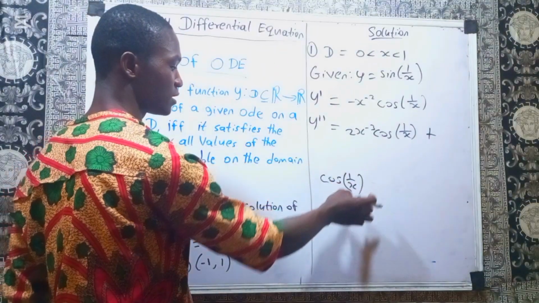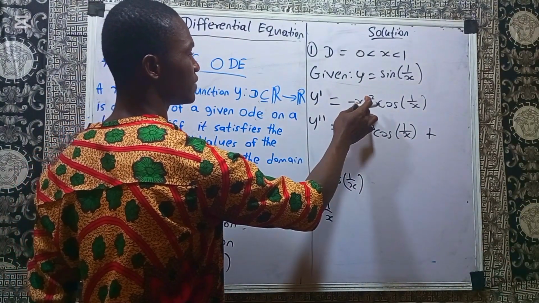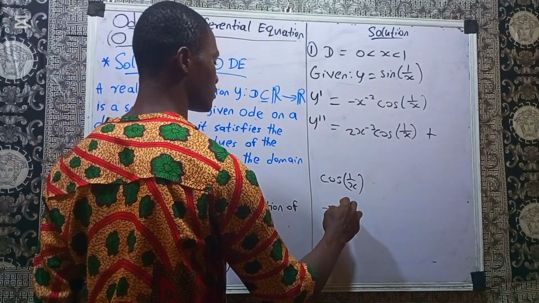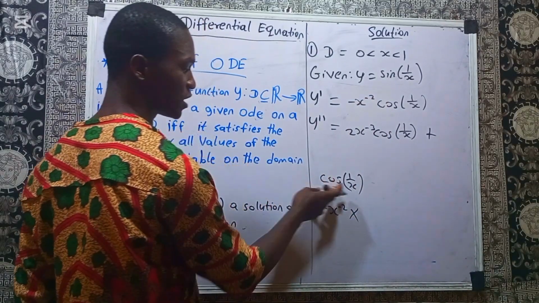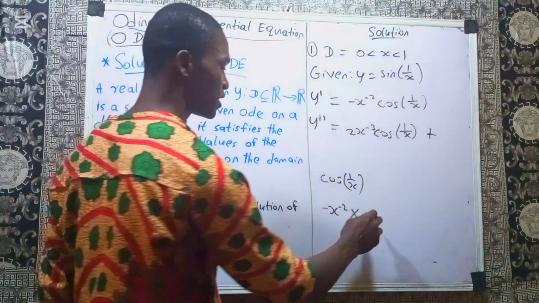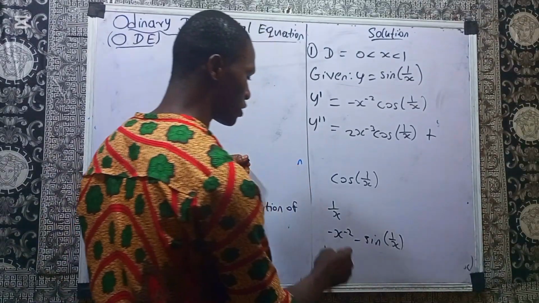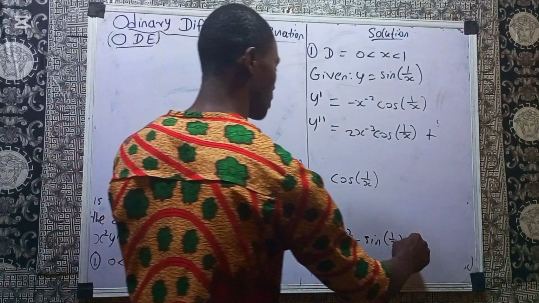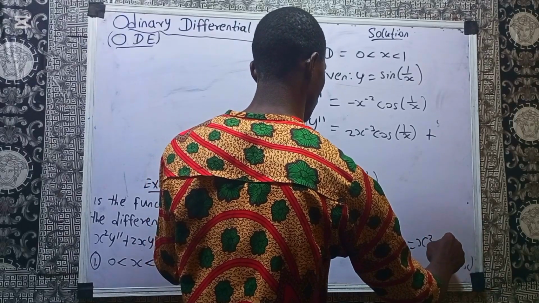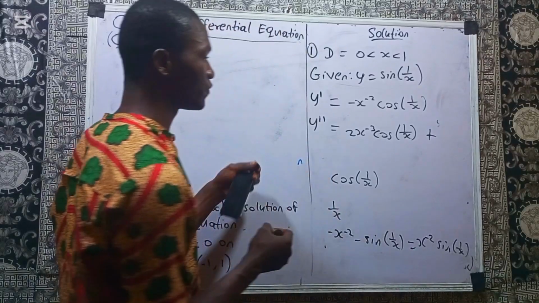If you differentiate 1 over x, we have already done this before, it gave us negative x raised to power negative 2. So you are going to have negative x raised to power negative 2 times the derivative of the outside, the cosine. If you differentiate cosine, you get negative sine, so negative sine 1 over x. So this quantity will now give you positive x raised to power negative 2 sine 1 over x. That's what it will give you.